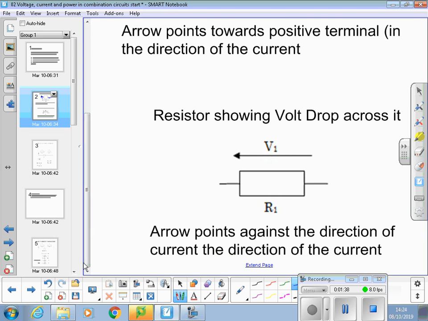If we have a resistor in a circuit, here R1, we designate the potential difference across it, or the volt drop across that resistor. Remember, volts is across, current goes through. Always remember that, right? We have an arrow that points towards the most positive end of that component, and against the direction of current through it.